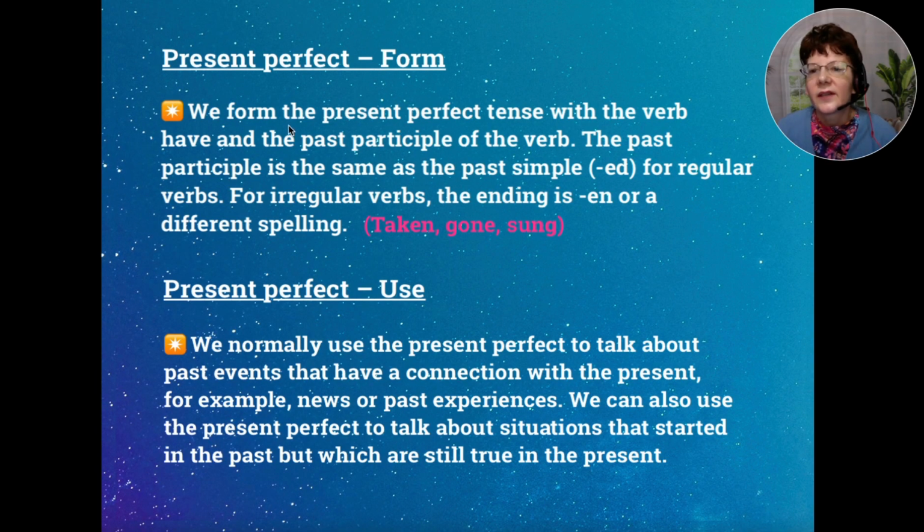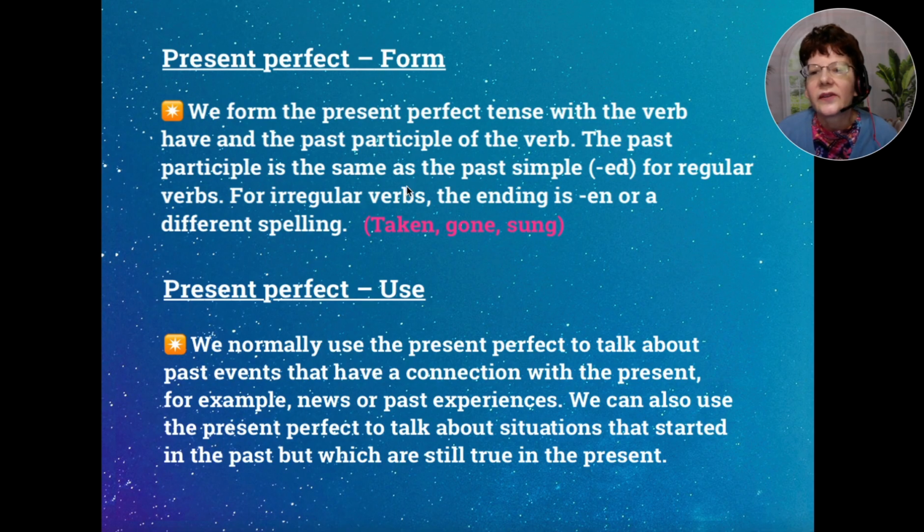Okay, so let's talk about the form and the use. We form the present perfect tense with the verb have and the past participle of the verb, like we looked at. The past participle is the same as the past simple when we use the ed ending for regular verbs.